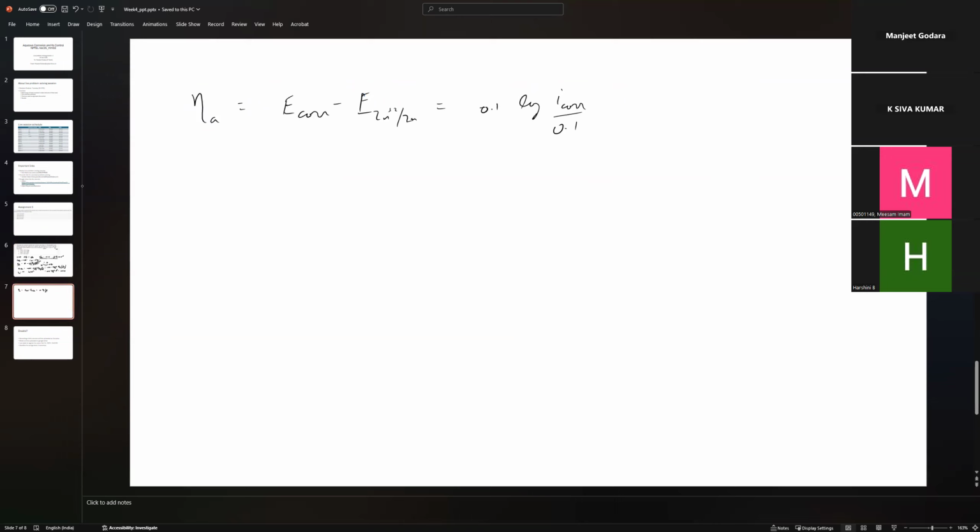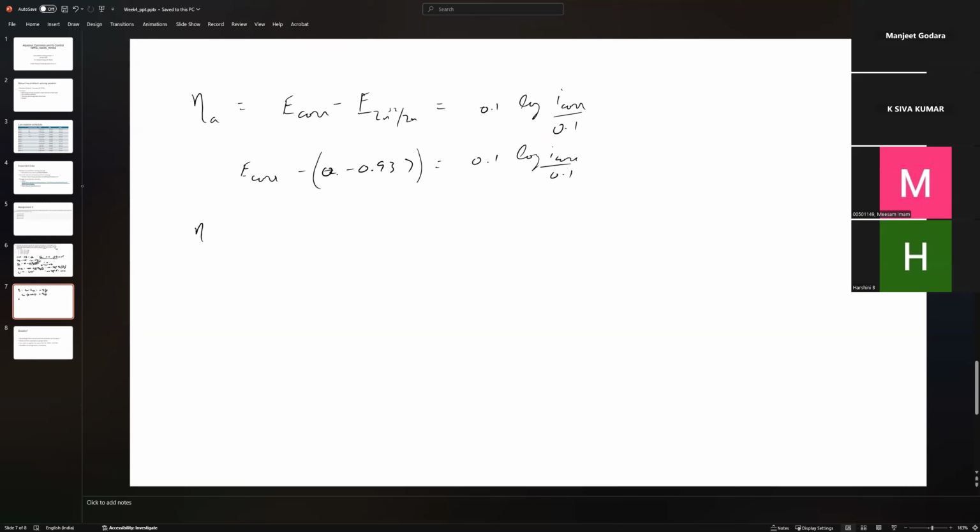So if you just put in the values, E corr minus minus 0.937 equals 0.1 log of I corr over 0.1 for the anodic reaction.